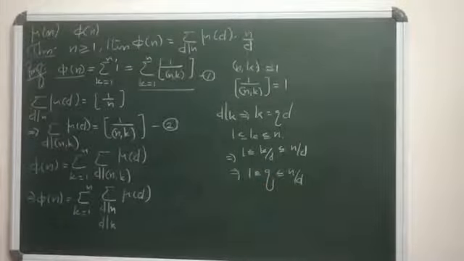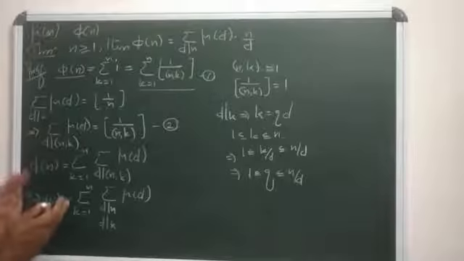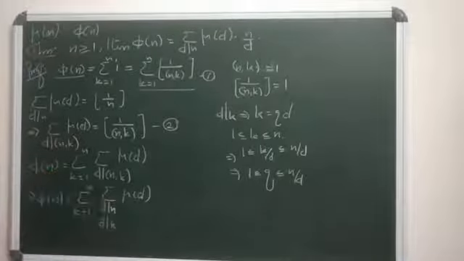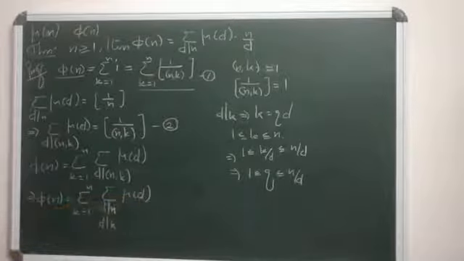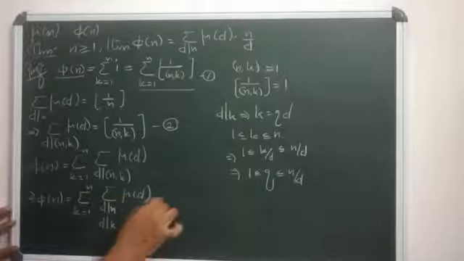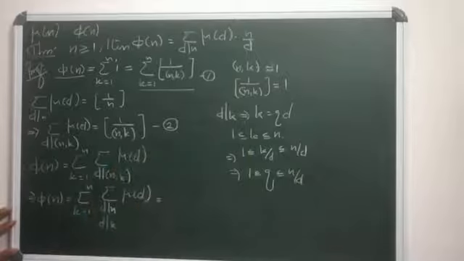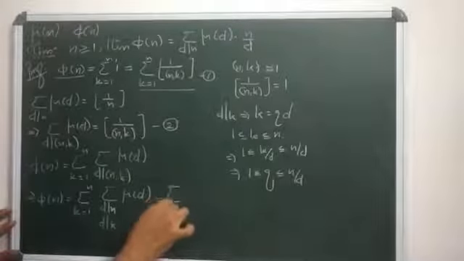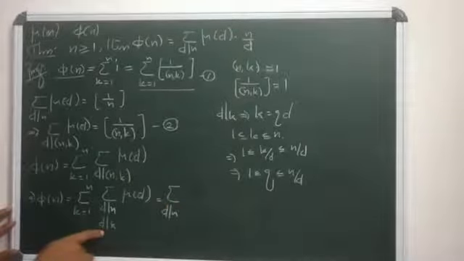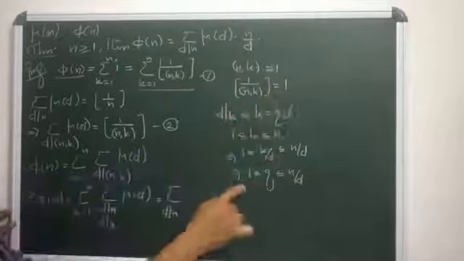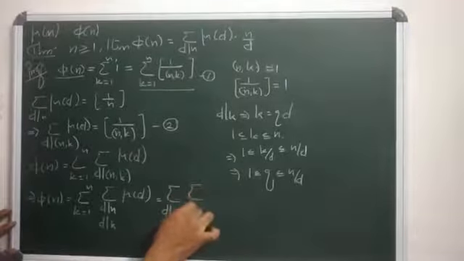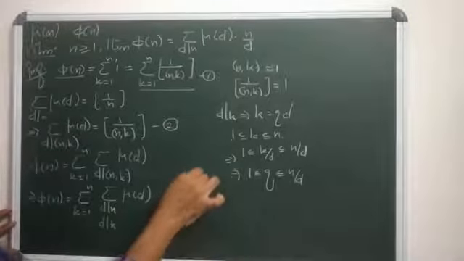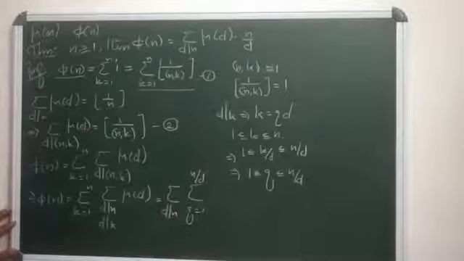Clear? Hence, this sum phi of n equals sigma k ranges from 1 to n, sigma over d divides n, d divides k, mu of d can be rewritten as sigma over d divides n, and when d divides k, k equals q into d, where q ranges from 1 to n by d. So it is sigma over q ranges from 1 to n by d of mu of d.